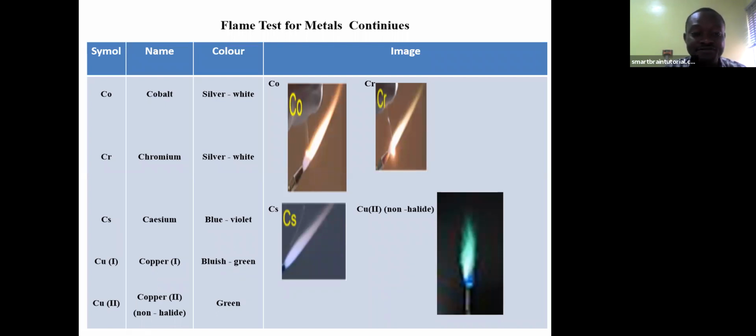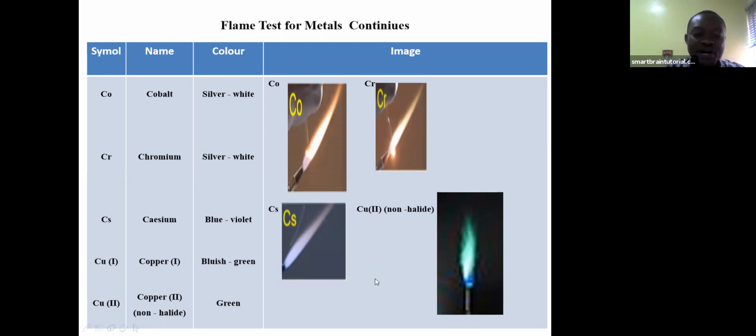Then cesium will give blue violet. Blue violet means it's going to be almost like purple. This is cesium. Though it's not fully violet, it is bluish coming out from the edges here. It's giving the blue color at this stage.